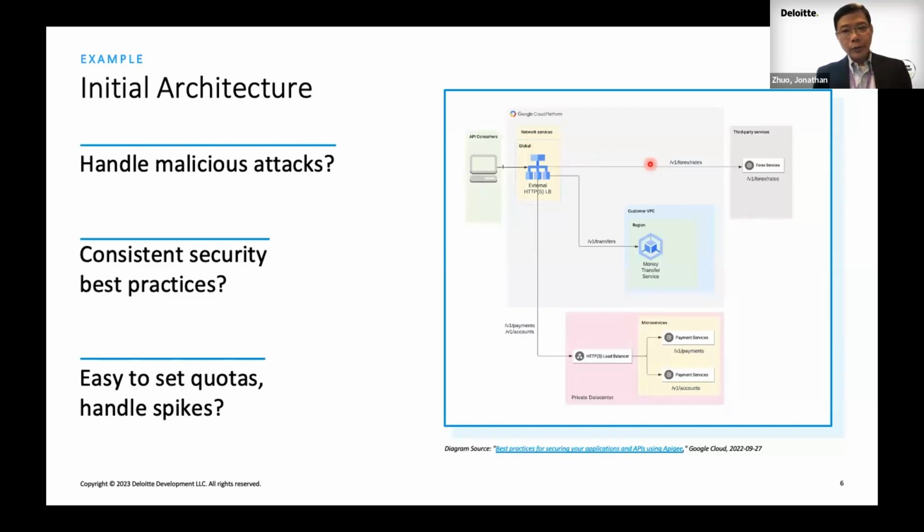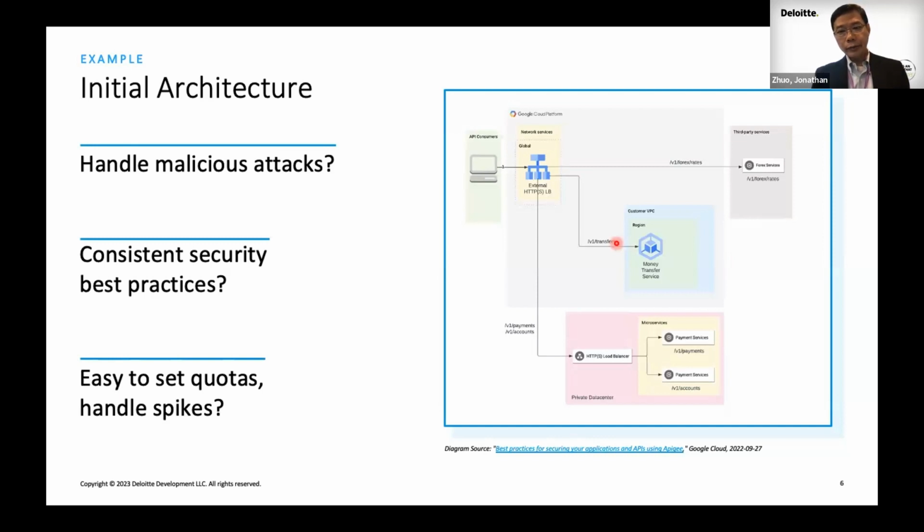But in this initial architecture design, there are several constraints. It is unlikely to protect a system from malicious attacks. It does not reflect consistent best practices for security and logging because these services are developed and maintained by different teams within the organizations.